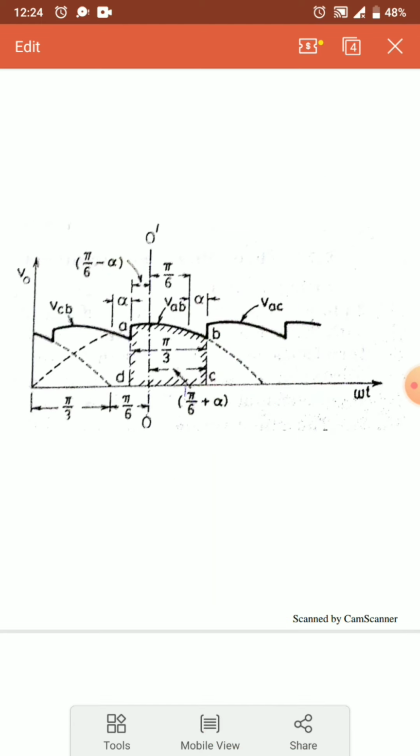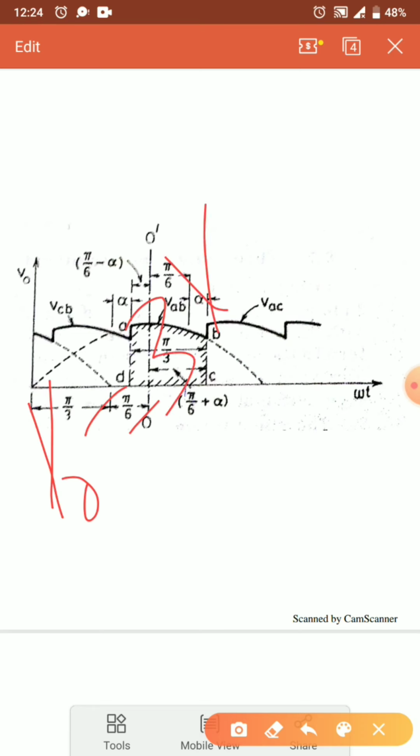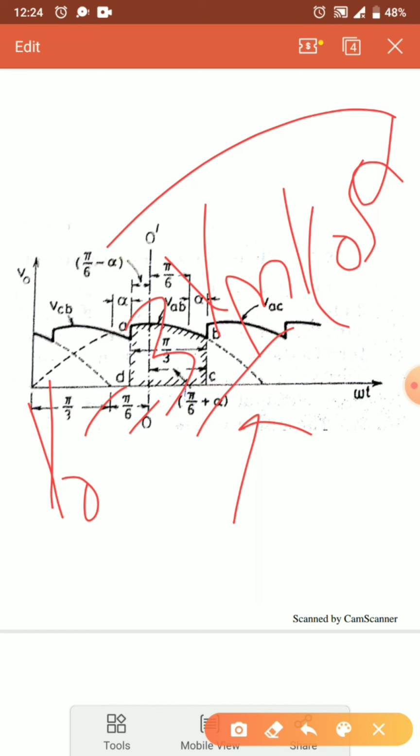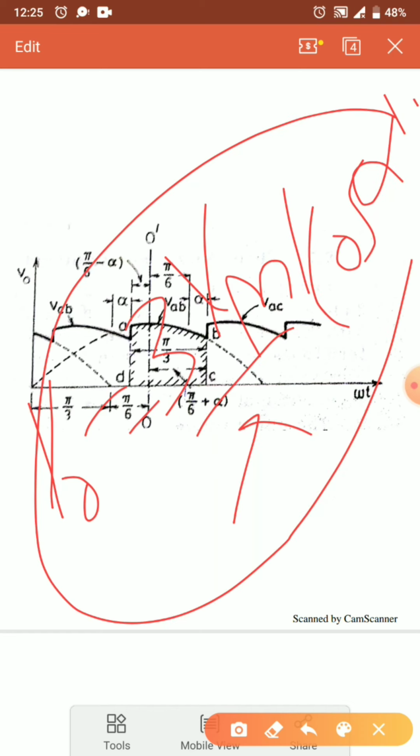When I integrate over that duration, I will get my final expression: V0 is equal to 3 VML by pi cos alpha. So this is the expression that I'll get for V0. If I know the expression for V0, clearly I can get the expression for I0, power factor and all the other things.